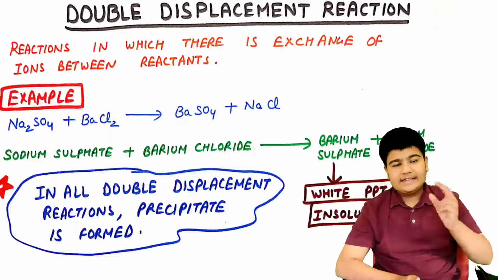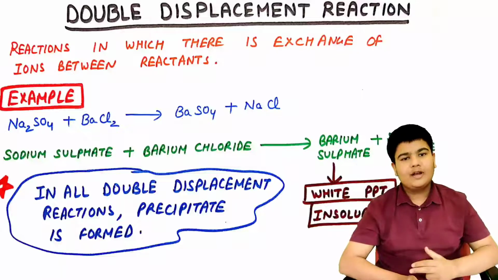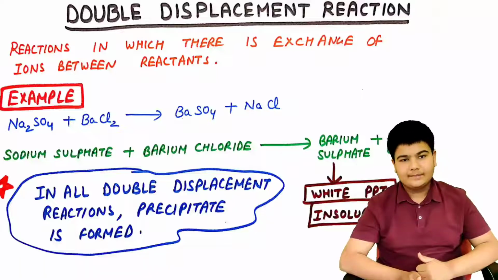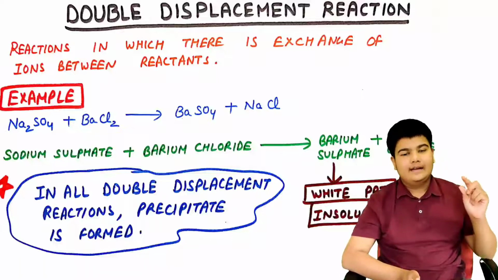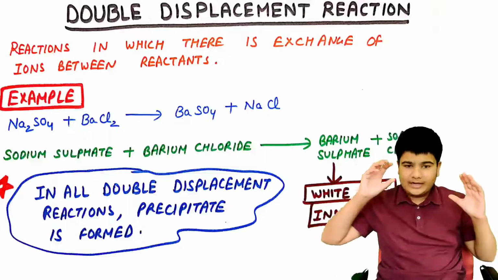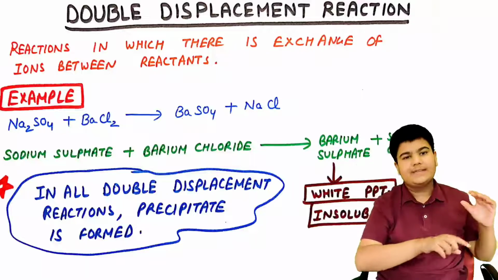So let's consider the example of sodium sulfate plus barium chloride is equal to barium sulfate plus sodium chloride. So in this, on the reactant side we have sodium sulfate, but on the product side we have barium sulfate. So barium has displaced sodium in this.